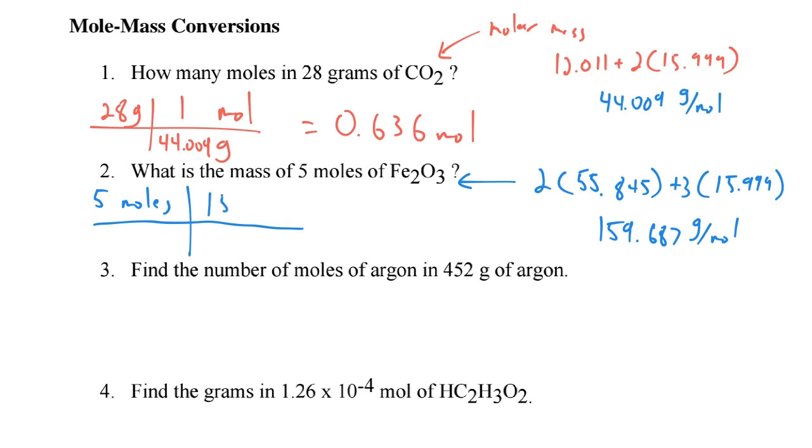So it's 159.687 grams per 1 mole. And we end up just multiplying this number by 5. If you still got that number in your calculator, you can just multiply it by 5 and get 798 grams. That's our unit here.